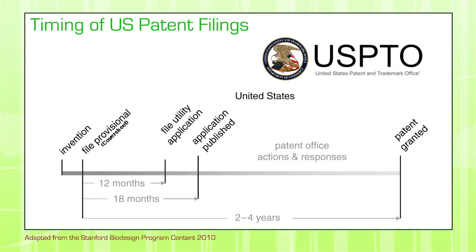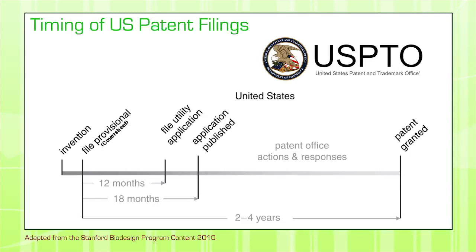From the moment of filing a provisional, the patent office has between 2 and 4 years, and it could be even more, to take actions and give you a response on whether your patent is granted or not.